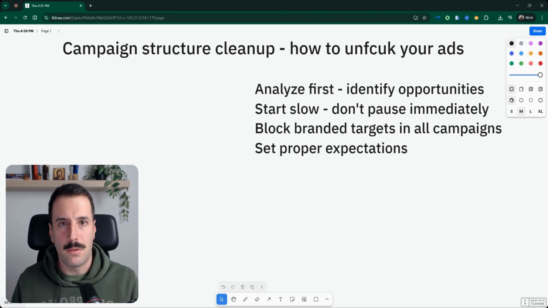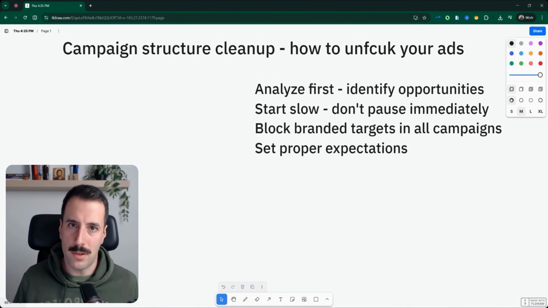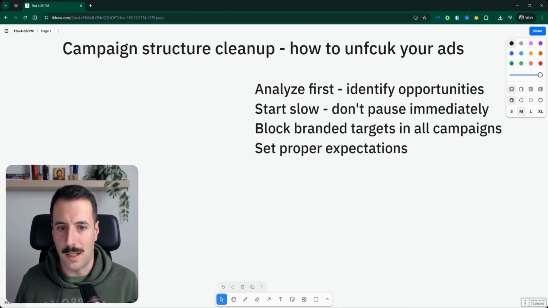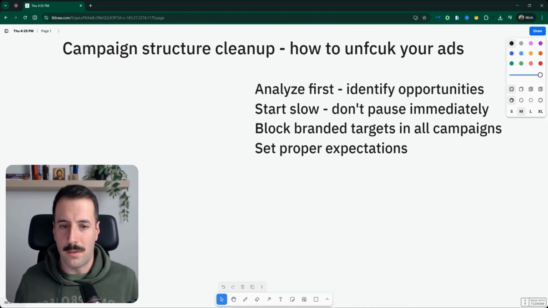But if you are the one managing that, don't ever do that, because it's always best to build on top of existing campaigns than start from scratch. We had like 100 ACOS for the first few weeks, and then brought it back down to where it should be, because that's just the way that account is working.